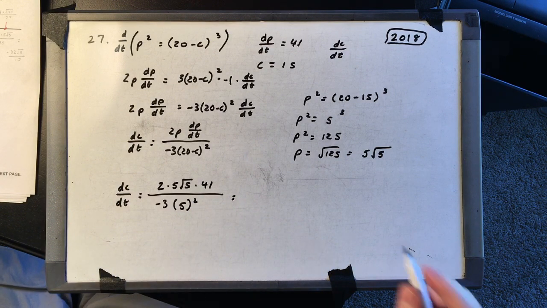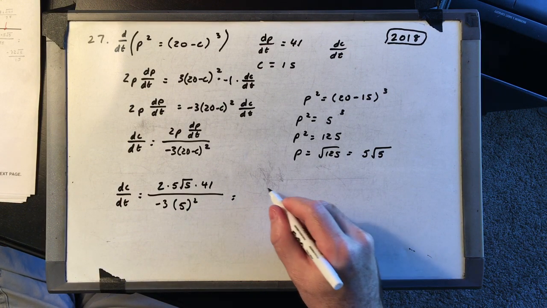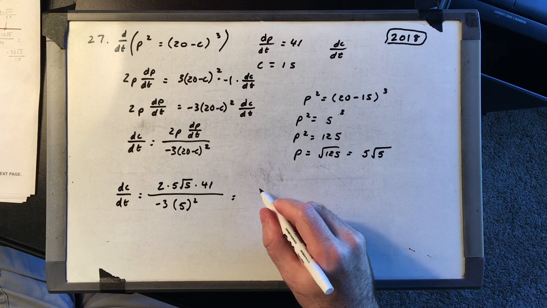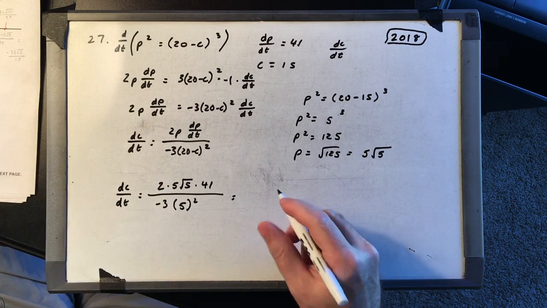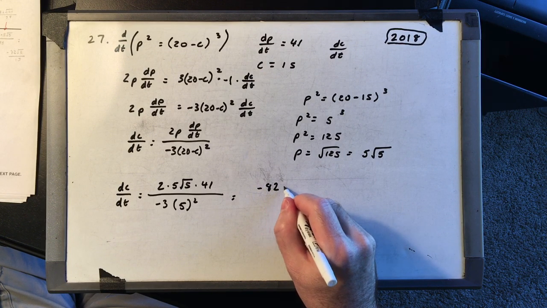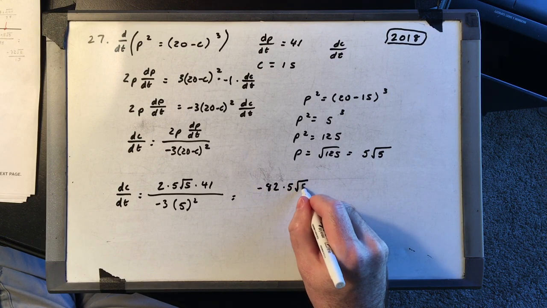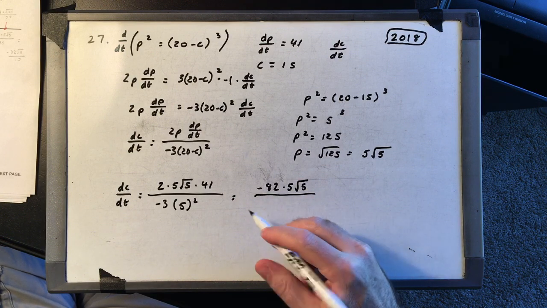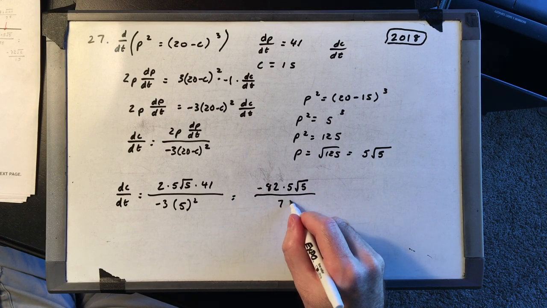Let's move the minus to the top. So that's going to be 41 times 2 is minus 82 times 5 square root of 5 over 25 times 3, which is 75.